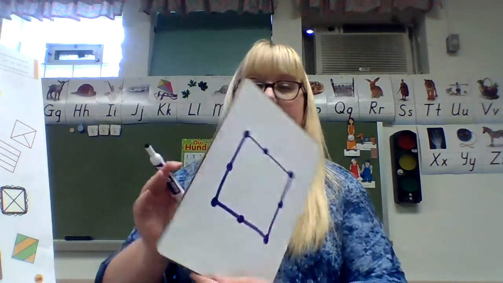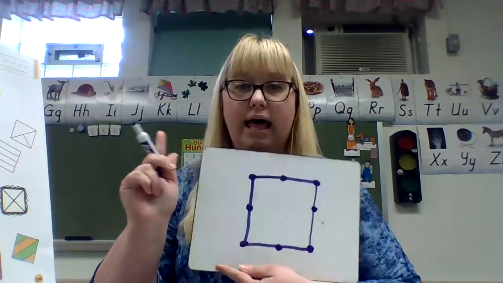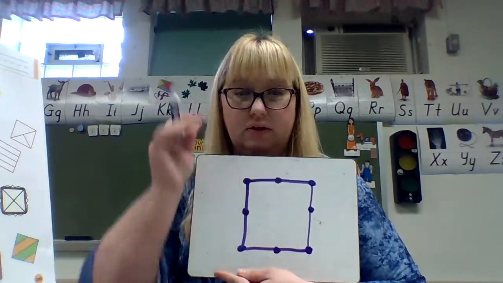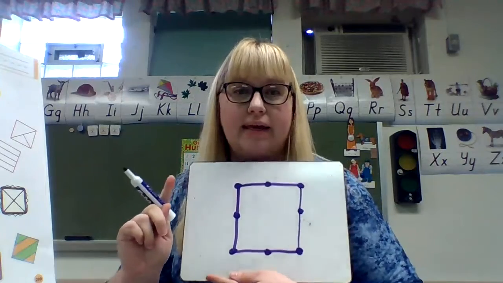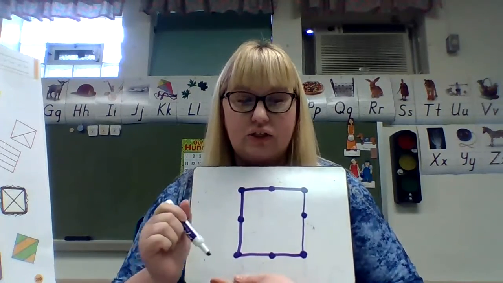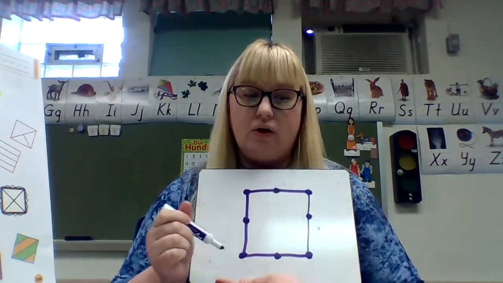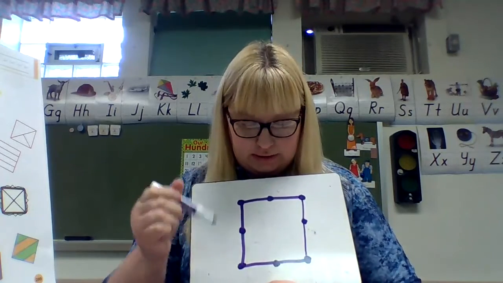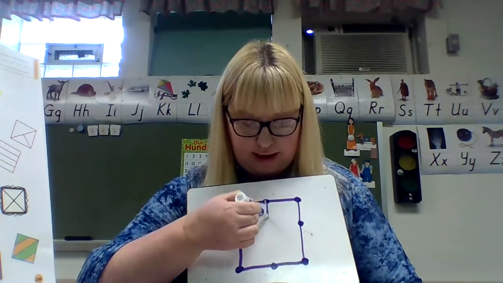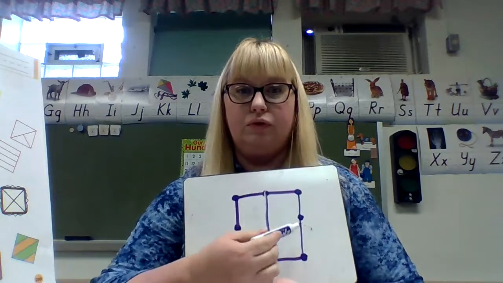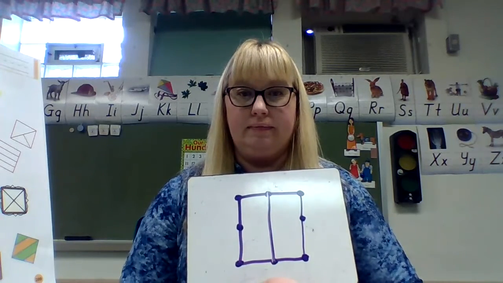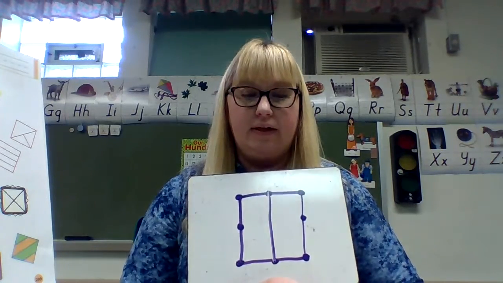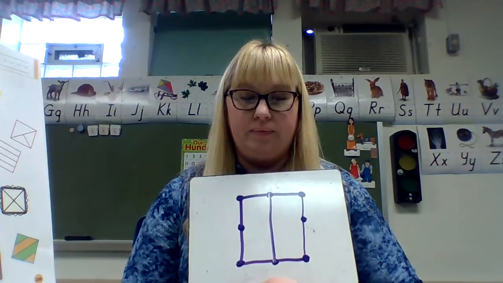And they're only asking you to use 1 line. So you have all these dots on your square, 1 line to divide it into 2 equal parts. So draw 1 line to show 2 equal parts. You just 1 line, 2 equal parts. Do you see that? You're drawing, and the dots help you to stay on track.